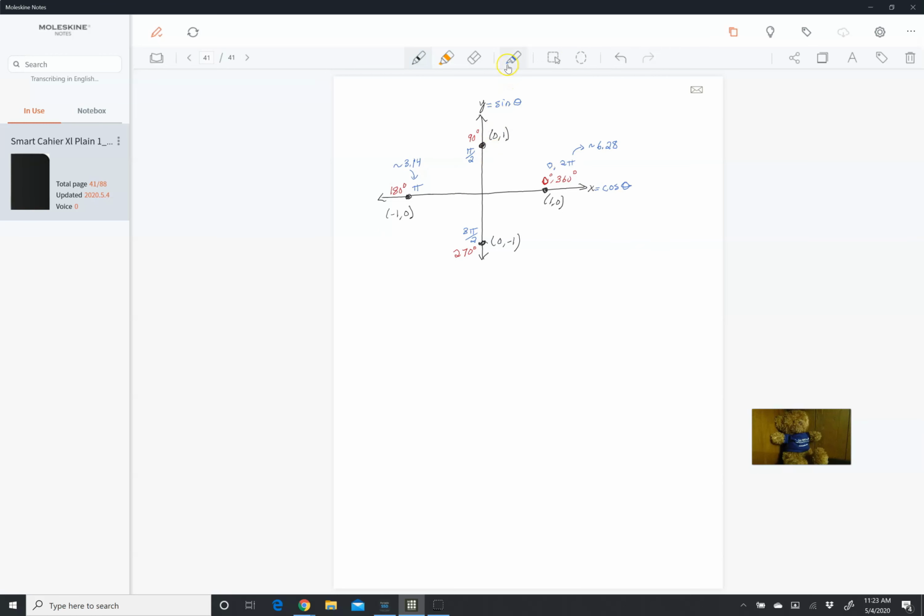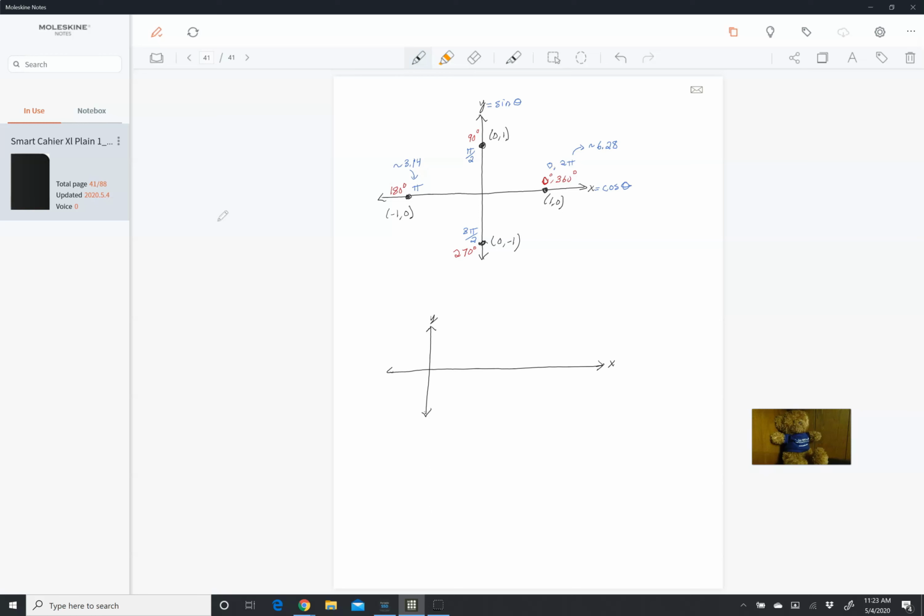Let's start with sine. On our x-axis go our inputs.